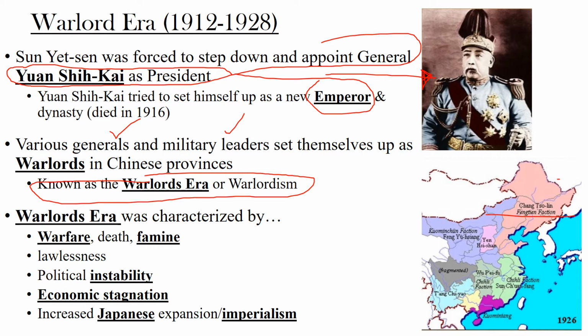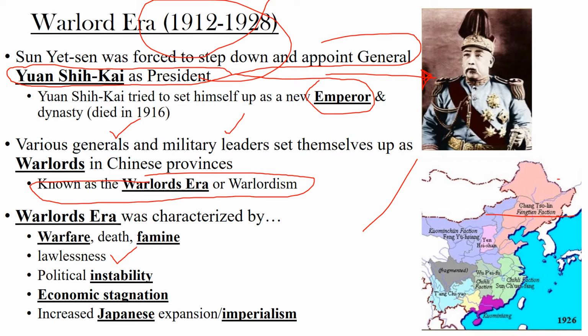So the warlord era is a very brutal time period in China. This nearly a decade, two decades of famine, constant warfare, death, lawlessness. Each of these warlord areas had their own brand of law. You had a lot of banditry or brigandry, where people, disassociated military units that didn't necessarily have loyalty to a military commander, just five dudes in the woods with a couple rifles, just robbing people.